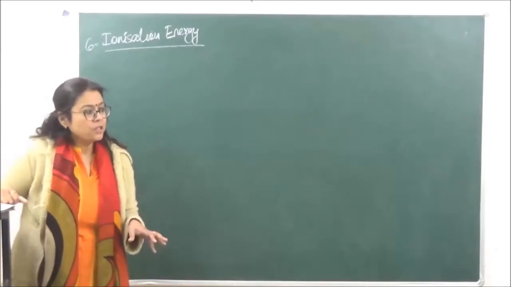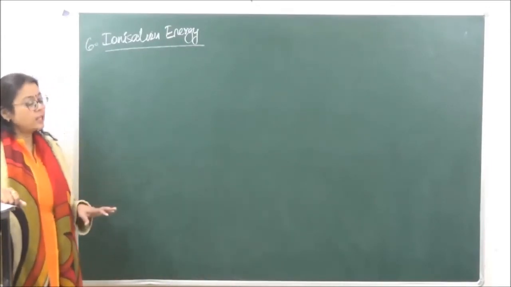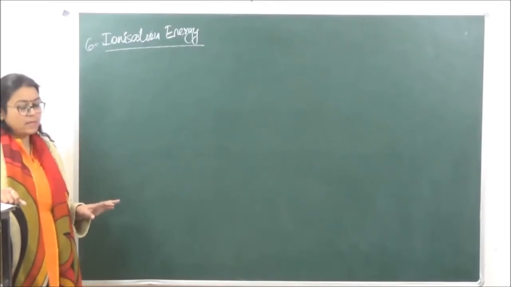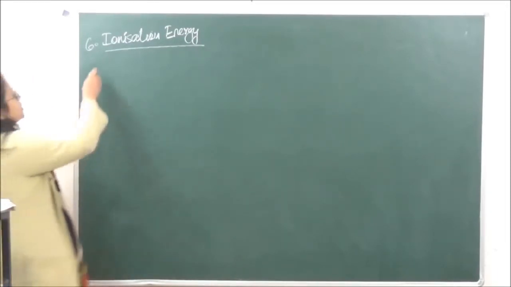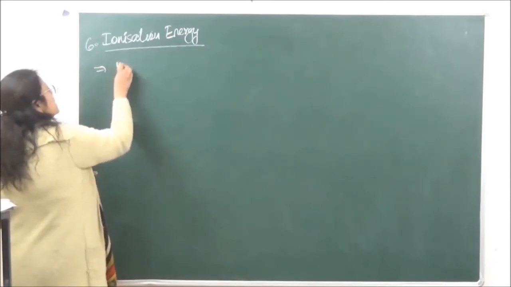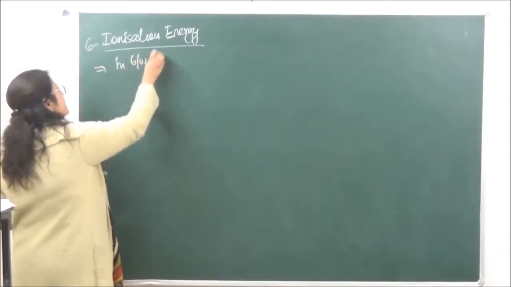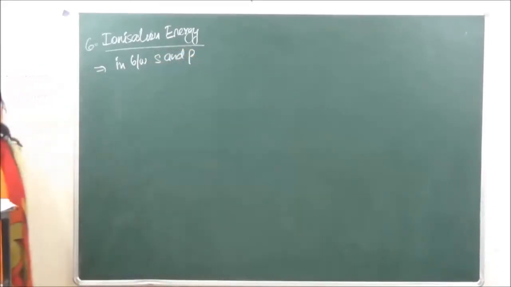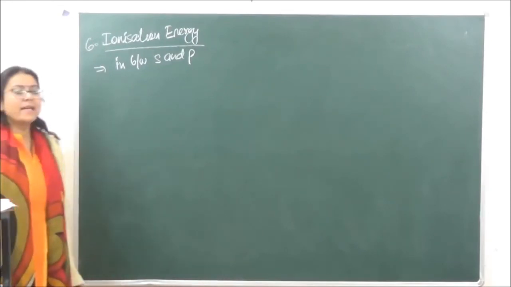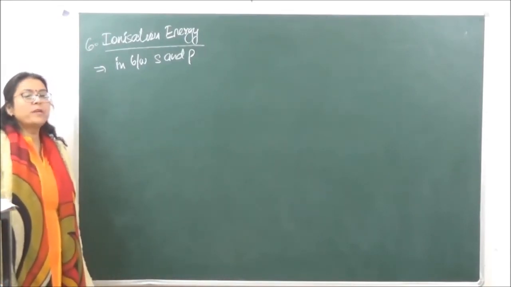The amount of energy which is required to remove an electron from an isolated gaseous atom. That is what ionization energy is. So when we talk of ionization energies of d block, it is in between s and p, which means it is going to be higher than s, but lower than p.